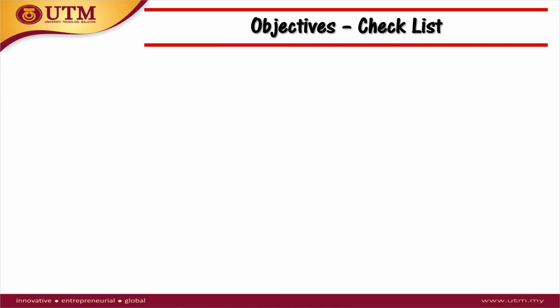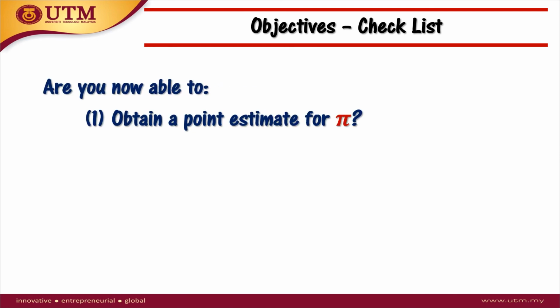Before we end this session, let us do a checklist on the objectives that have been listed in the beginning of this session. Are you ready? Okay. Let's look at whether you have achieved the first objective. Are you now able to obtain a point estimate for the unknown population proportion of success denoted by pi?